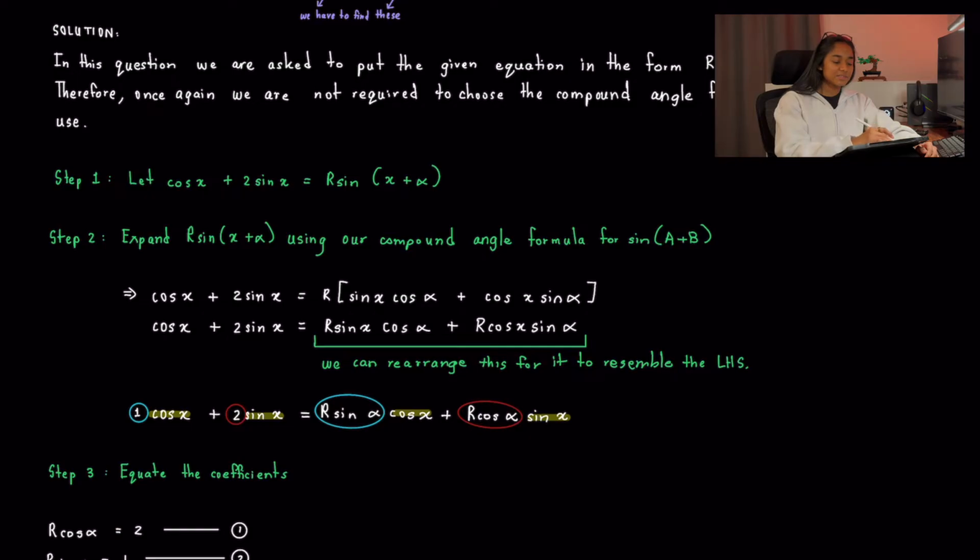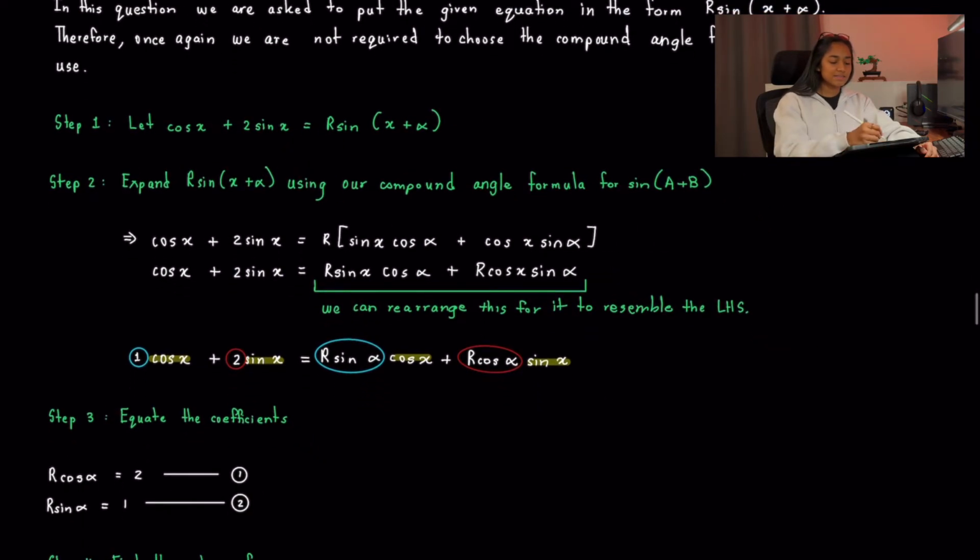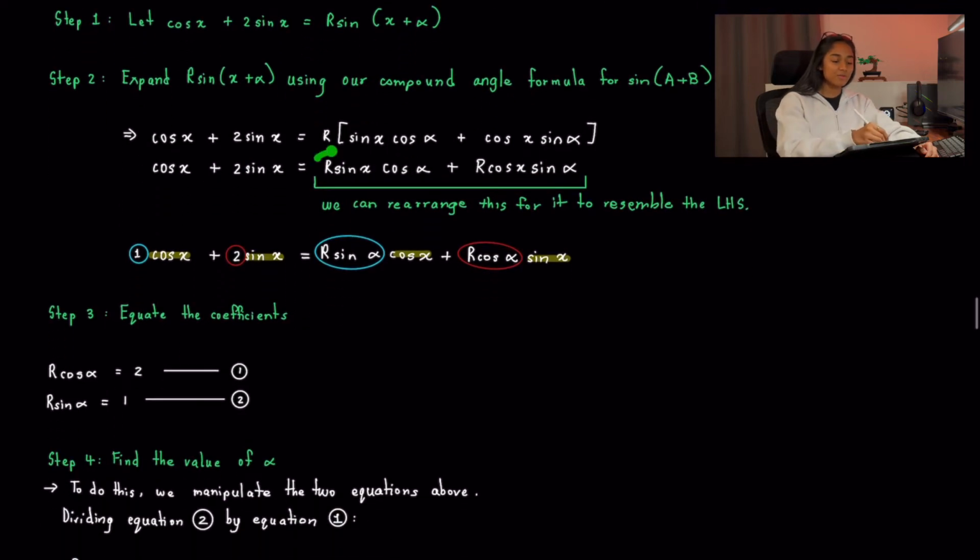So sine a plus b, in this case, x would be a and alpha would be b. So we're going to have this in the end and then multiply r by this and this, expand it properly. And now we have a form in which we can rearrange for it to resemble the left-hand side. Why are we rearranging it?